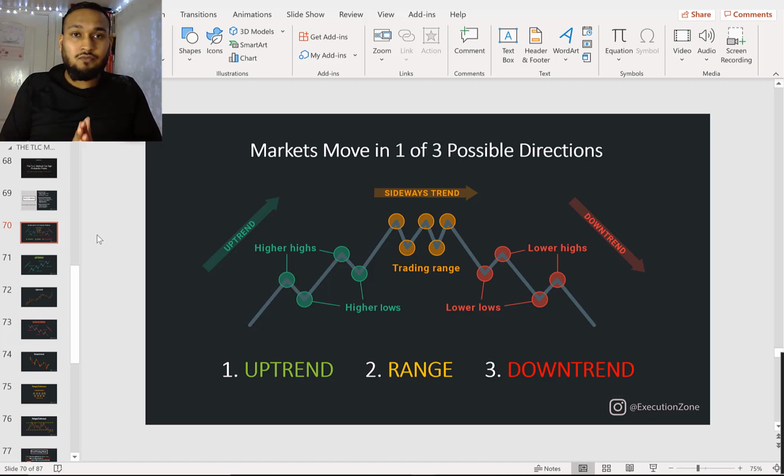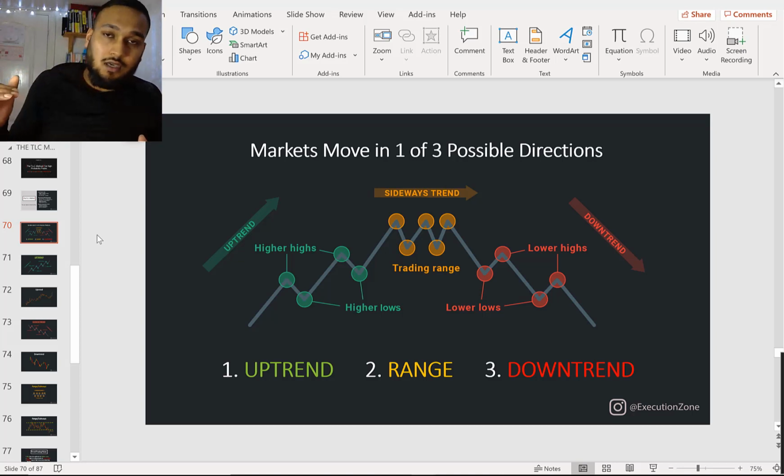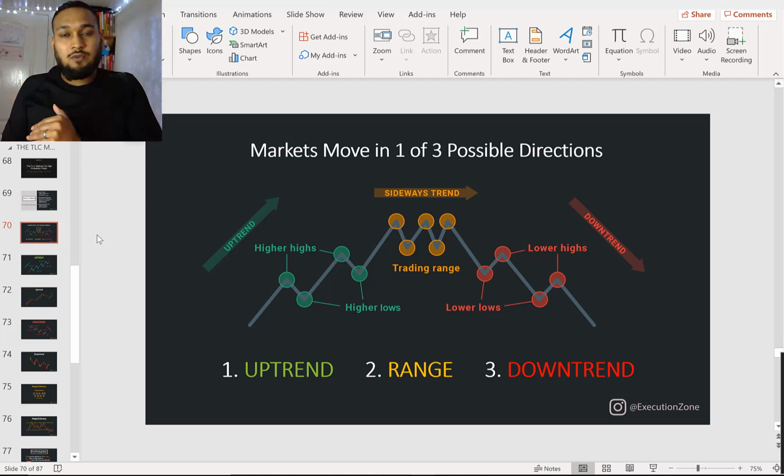We're either moving upwards, moving sideways, or moving in a downward fashion.